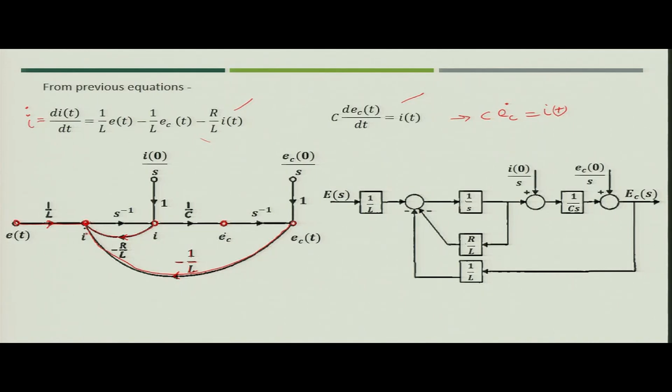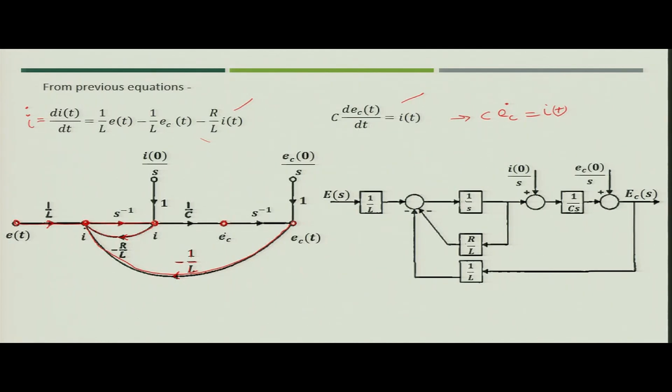Now, since you know that if you take the integral of I dot, you get I, you add 1 by S as a gain to represent the flow from I dot to I. Now, when you have I, you need to specify the initial condition also, because we discussed this aspect when we were talking about the signal flow graph, and how to add the integrator block.